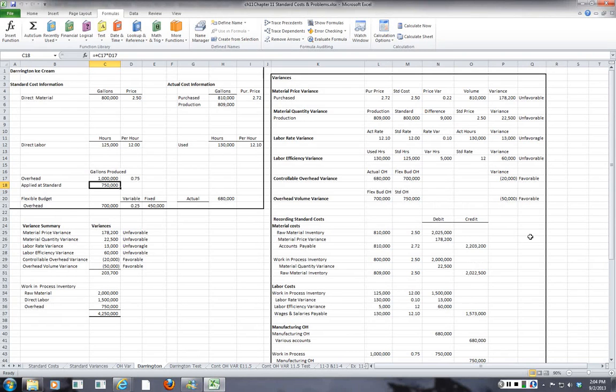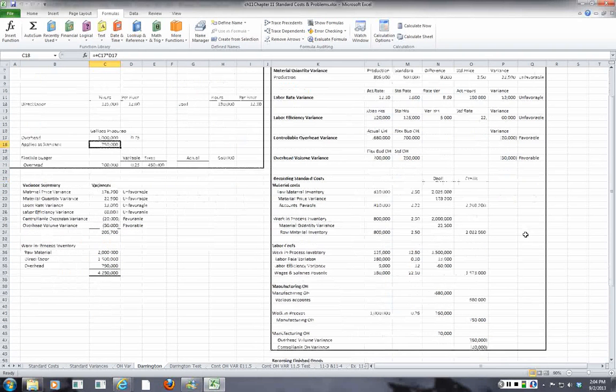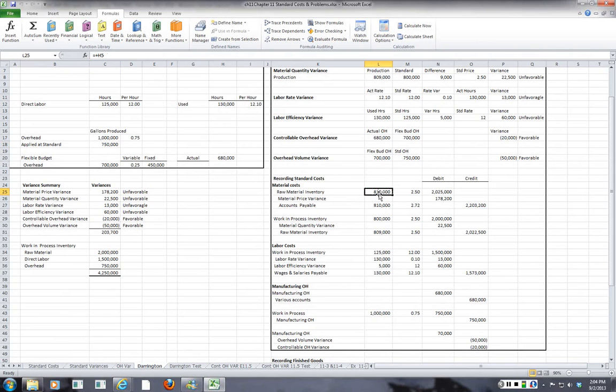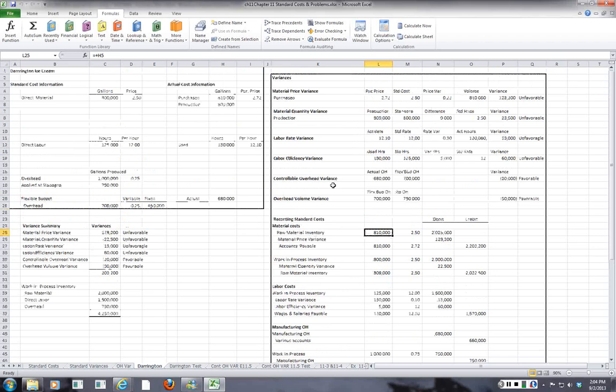Now, let's record. The book goes through recording these variances and these costs in a journal entry, which I think is quite instructive. It takes a little while to see it, but I think it works through and it's quite interesting. So we're going to debit raw material inventory. We purchased 810,000 gallons, but we're going to record it at standard cost.